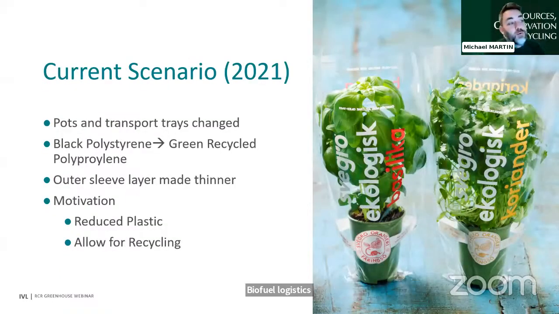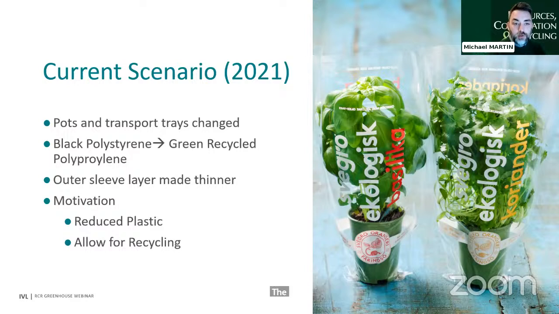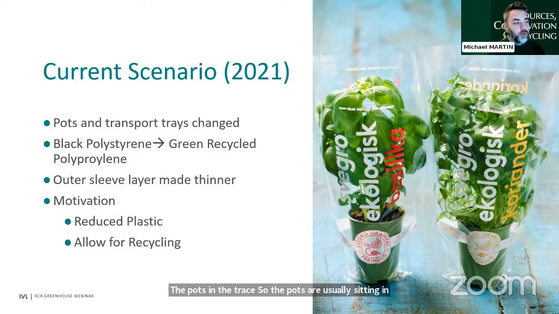Then we moved to this current scenario. So we based everything on 2019. But in the current scenario, they actually switched the pots and the trays. The pots usually sit in a plastic container, and the pots and the trays were made of black polystyrene. And what they did is they changed this to green recycled polypropylene.